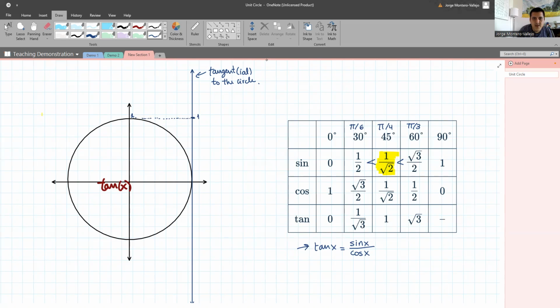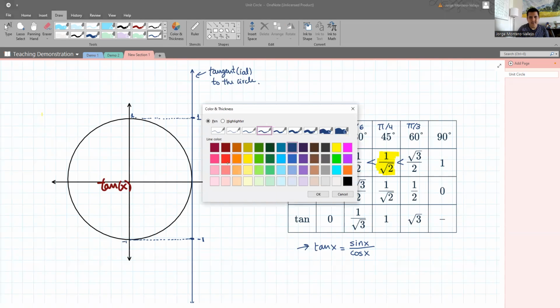Here's the value of 1, and over here, -1. I also want to place -1 here, because the length here is the same as the length here, and we know the circle has radius 1.